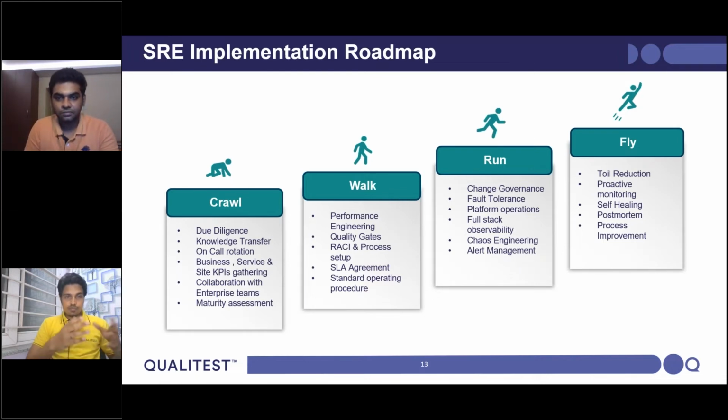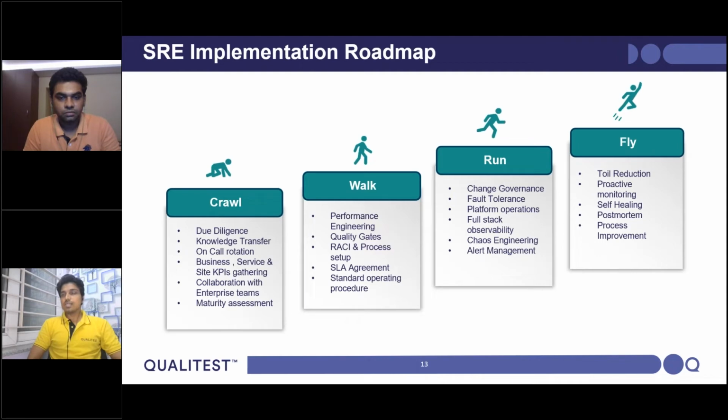From crawl to fly, it goes from a chaotic situation to almost a proactive situation. The starting point is to work closely with the on-call team, understand what is happening in production, how much time they take to fix issues, how many performance and reliability related issues there are for existing services and applications, and what kind of KPIs and SLAs are available.